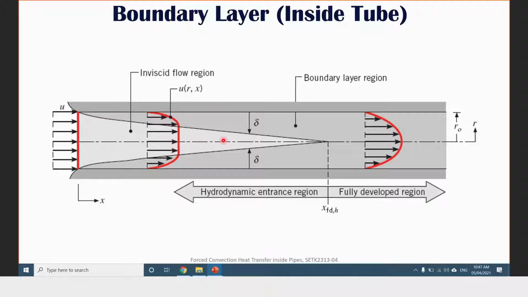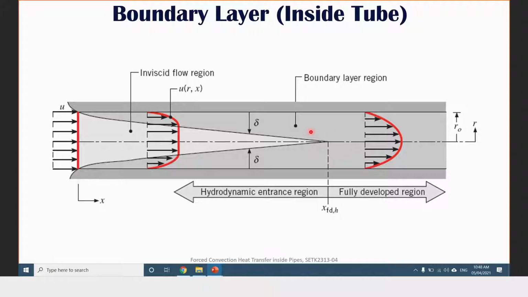As it goes deeper into the tube, the velocity profile becomes more pronounced. You can see a clearer velocity profile. In this region, the light gray region here, we consider this an inviscid flow region.